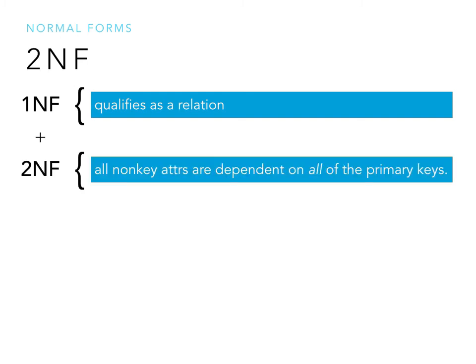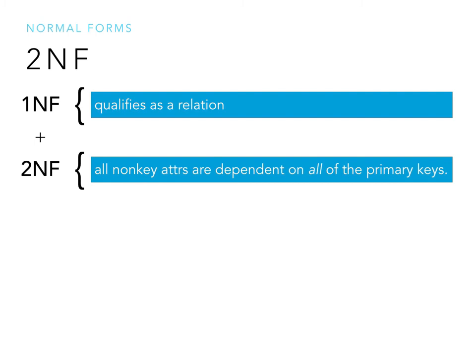To be in second normal form, you have to be in first normal form and meet this criteria. The main idea here is that we're going to remove duplicative data. So we're going to remove subsets of data that apply to multiple rows of a table and put them in separate tables. The data that's in multiple rows, we're going to move them out and put them in separate tables.